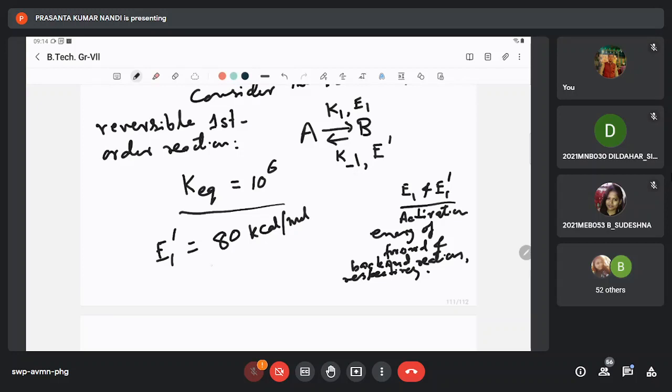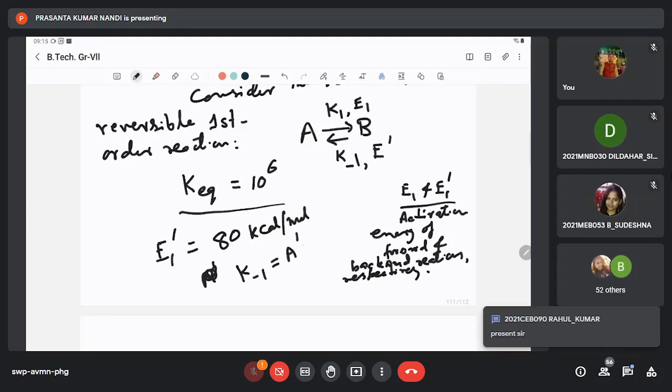Now, the Arrhenius pre-exponential factor associated with this: what is k minus 1? That is equal to A prime, the Arrhenius pre-exponential factor, into e to the power minus E prime by RT, right? You know this formula, the Arrhenius equation.